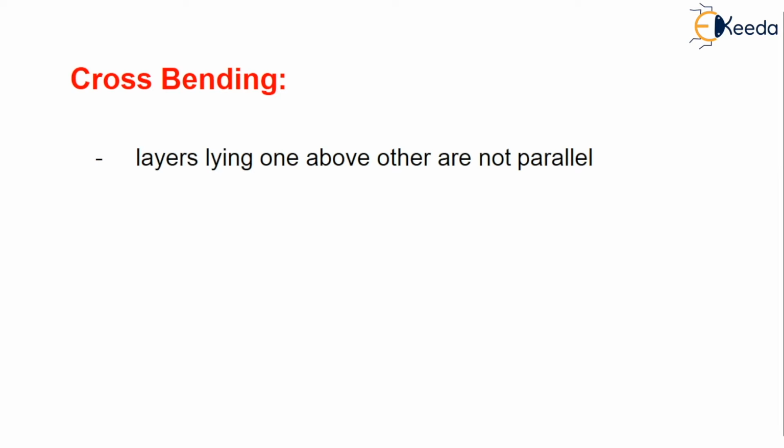The layers which are lying one above the other and which are not parallel to each other. They have an irregular or inclined relationship. And also they are deposited in shallow waters. Let me repeat. These are irregular and they have inclined relationships.